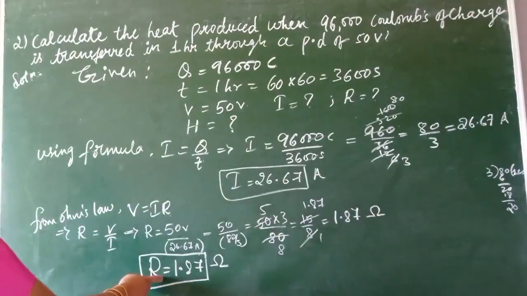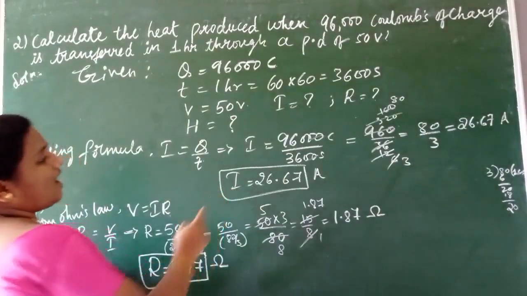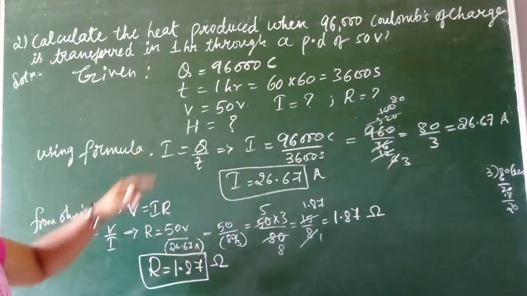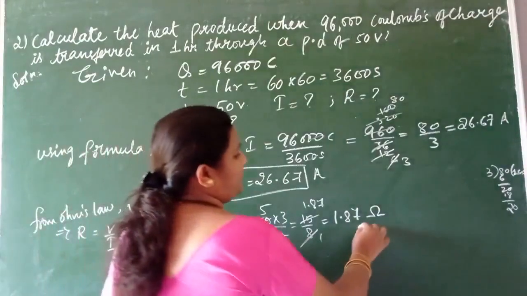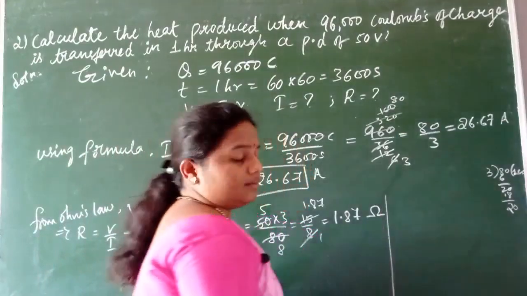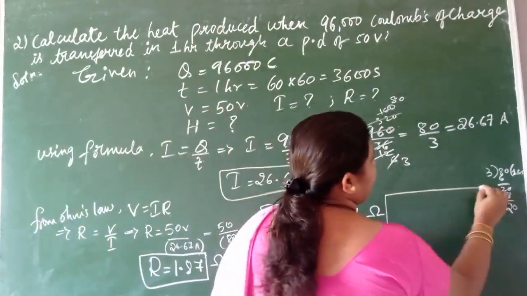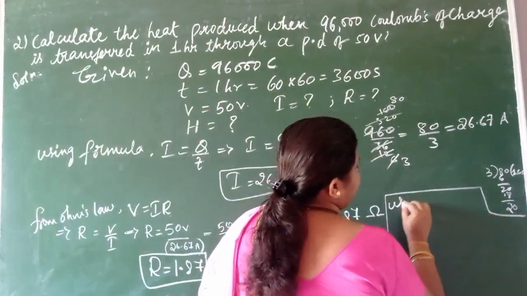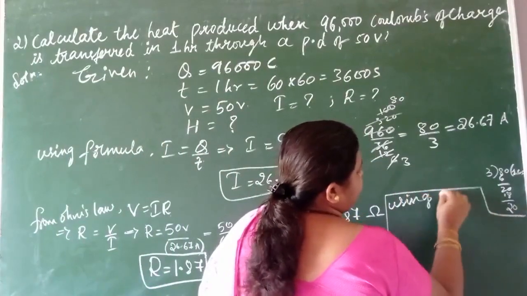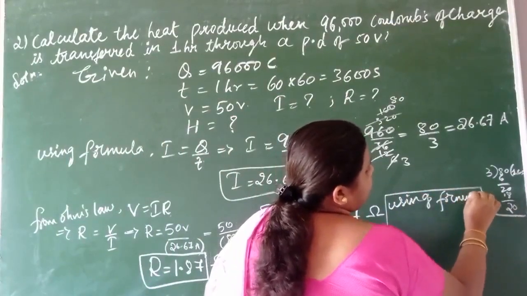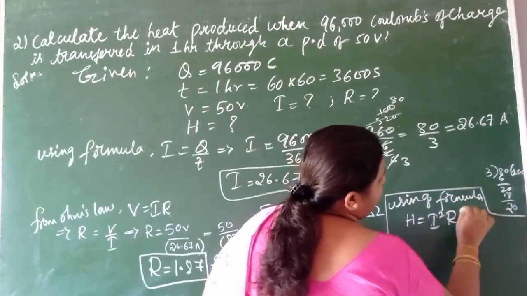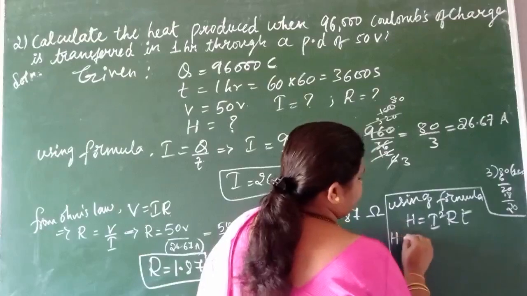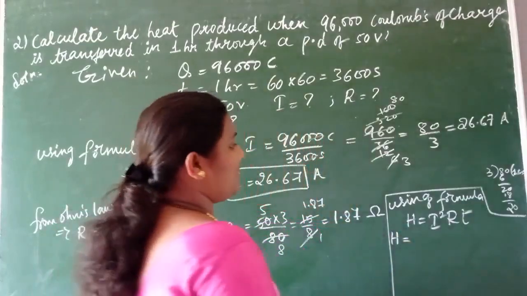Now we have to substitute this I and R in H is equals to I square into R into T. Using once again the formula H is equals to I square into R into T, what is H? We have to calculate, so keep it as it is.